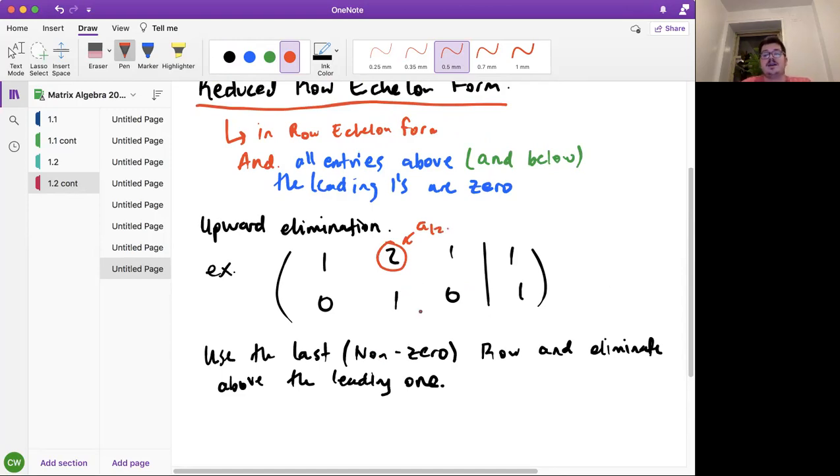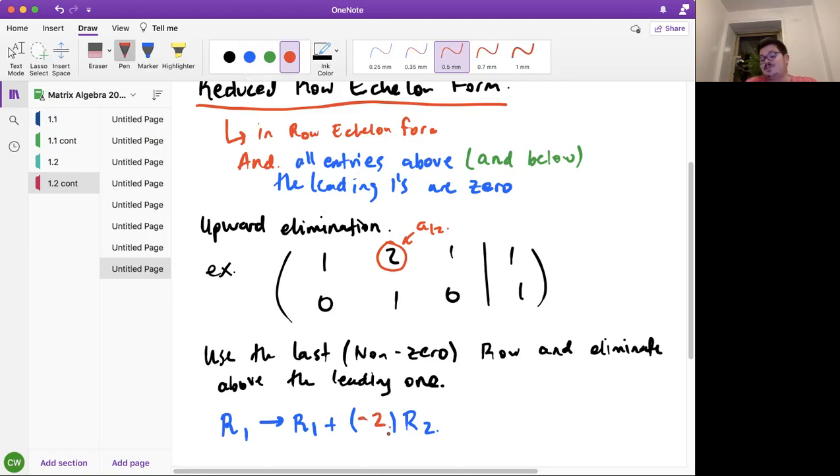Now, I know we've been always eliminating downwards, but what can you multiply row 2 by such that we can add it to row 1, it eliminates that entry? Good, yeah, -2 times row 2 does that.